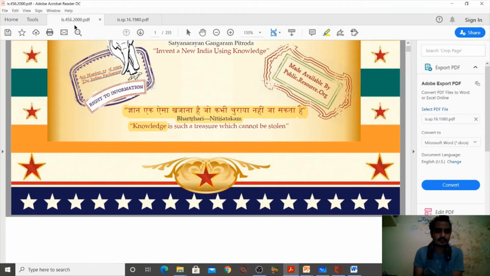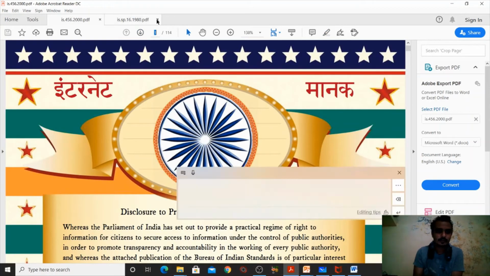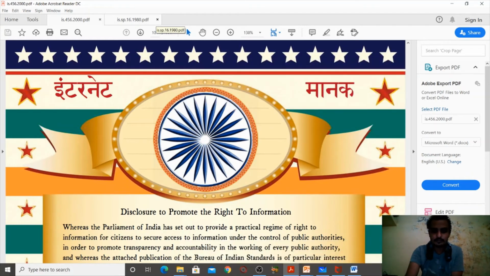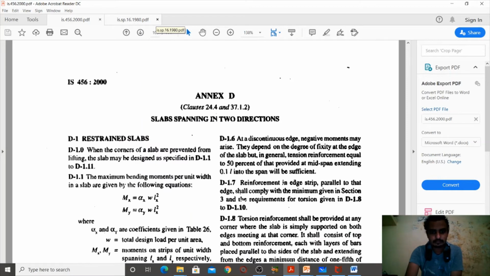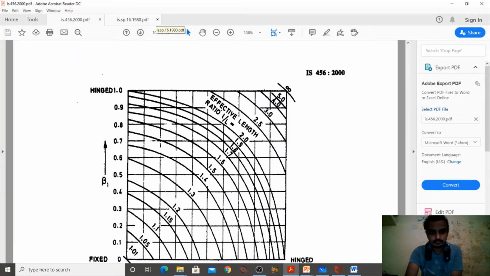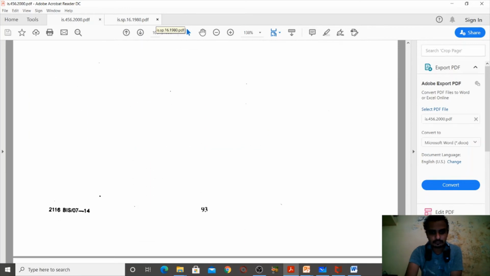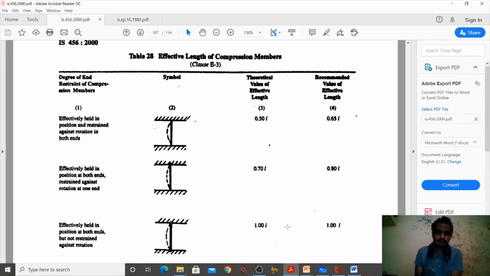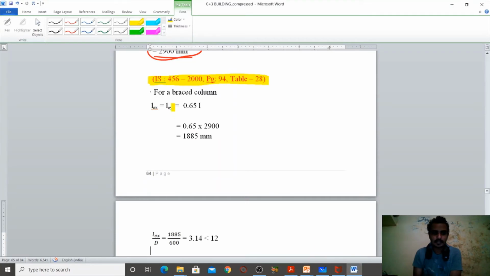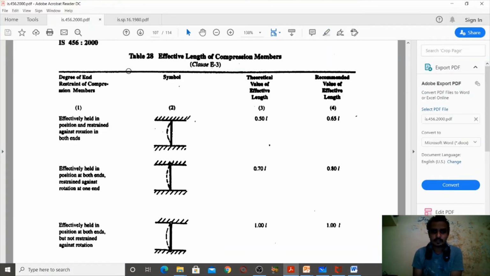IS 456 2000, page number 94, table number 28. So here is table number 28, effective length of compression member.